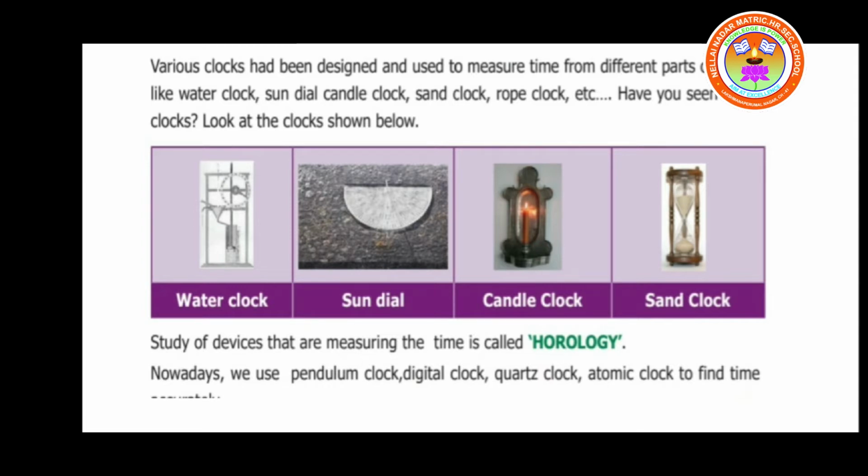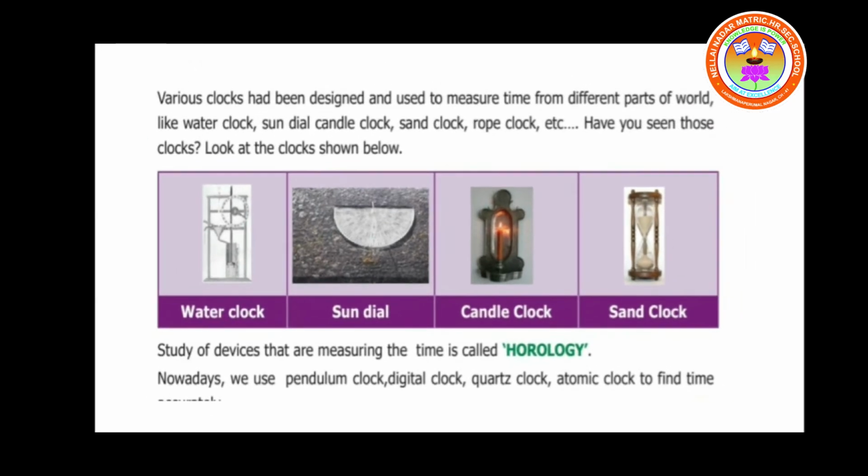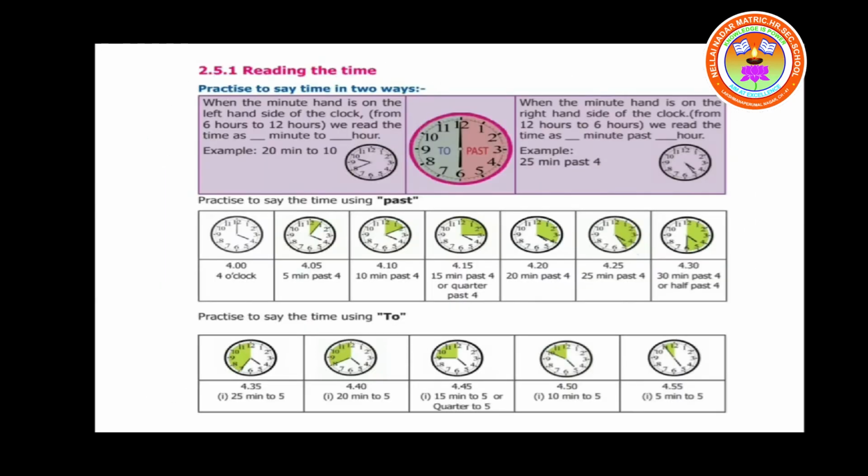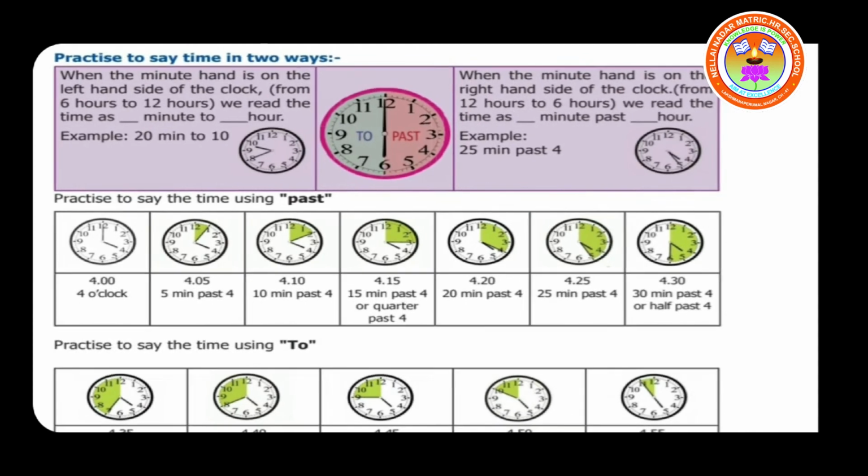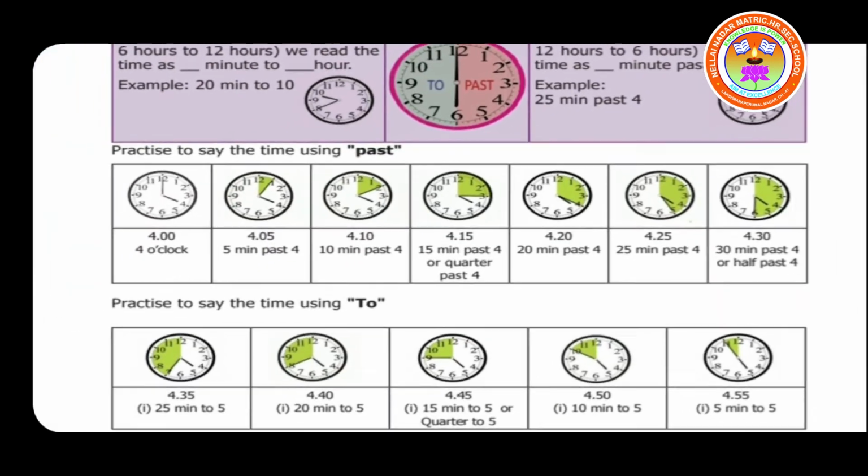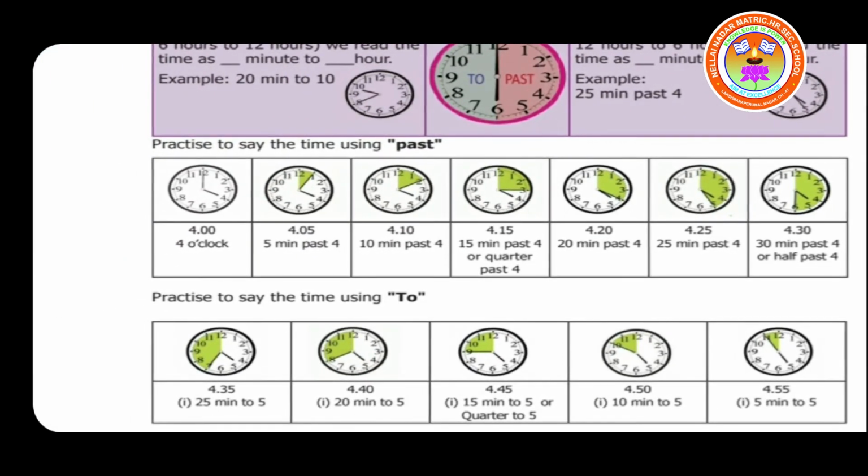Okay, now let us move on to the next topic, reading the time. See how to use past and to. That is how to practice saying the time using past and using to. Listen, the first clock: it is now 4 o'clock.